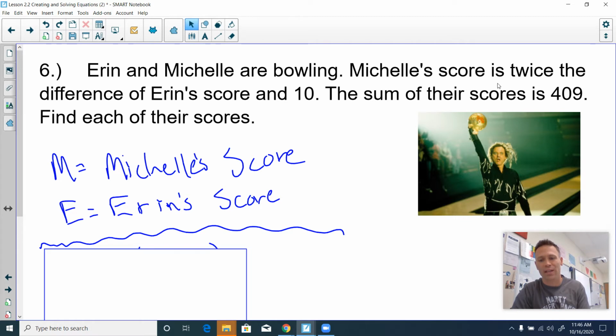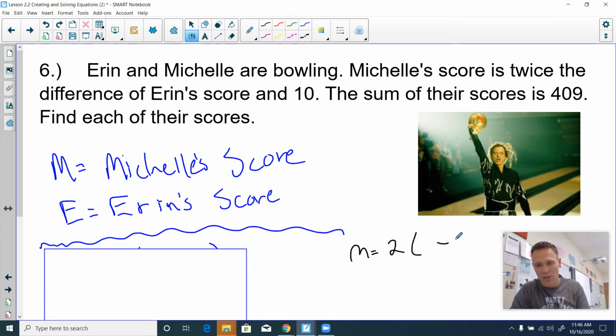Michelle's score is, so if Michelle's score is M, that means I got M equals, is what? Twice the difference. So now I'm multiplying 2 times some difference. Then it says Aaron's score and 10. Well, Aaron's score is E, and 10 is what we're talking about there.